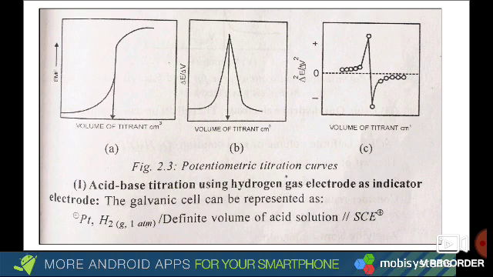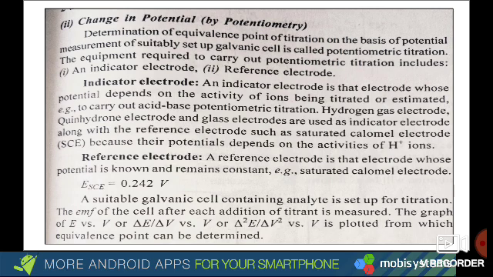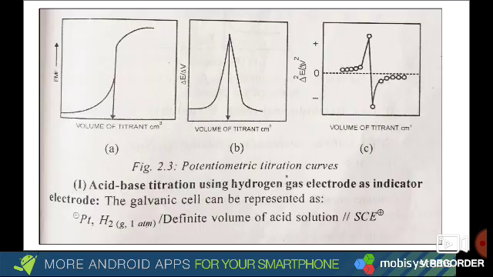These two electrodes are attached to the potentiometer. In this case these two electrodes, which are indicator electrode and reference electrode, are attached to the potentiometer, and they are kept in a beaker where you are actually titrating your solution. Okay. So first you try to understand the theory, and then we will also try to understand the practical experiment.